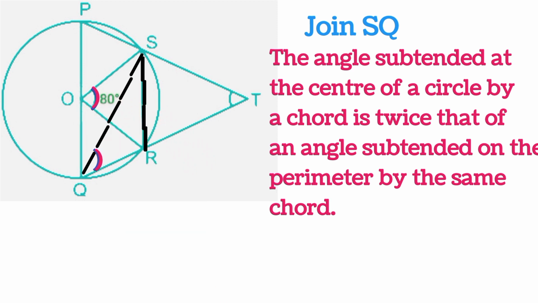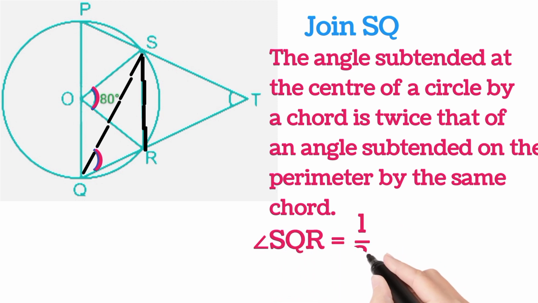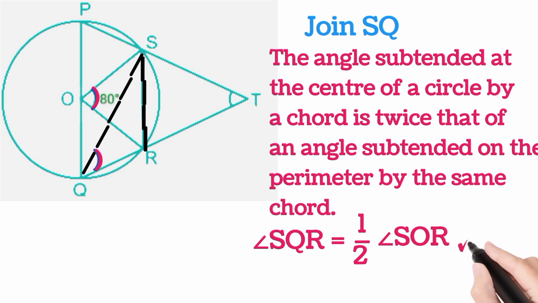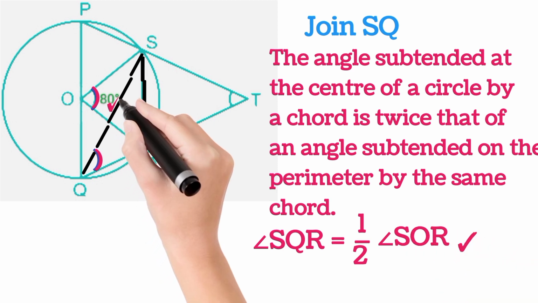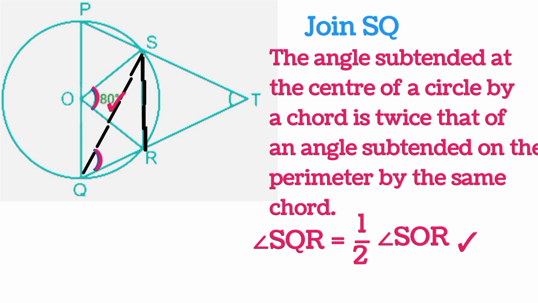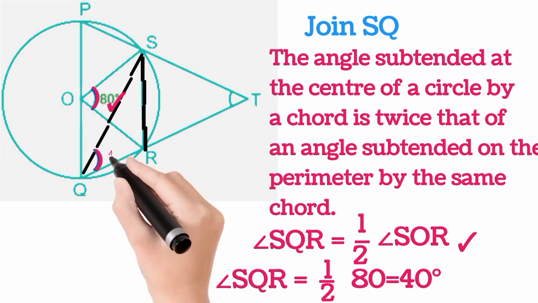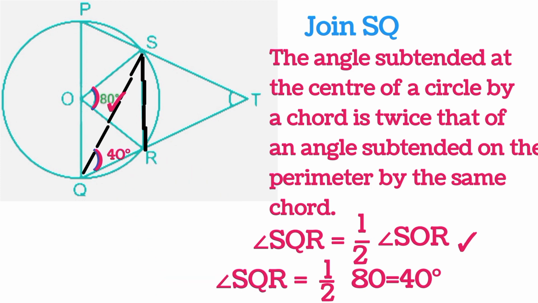So angle SQR is equal to half of angle SOR. Now SOR is 80 degrees, so angle SQR is equal to 1 by 2 of 80 degrees. This is 40 degrees. So this angle is 40 degrees.